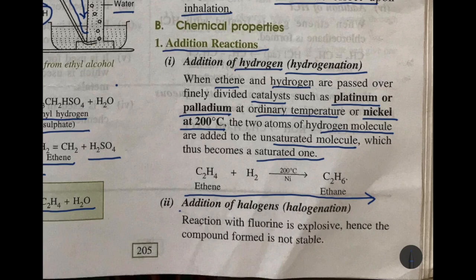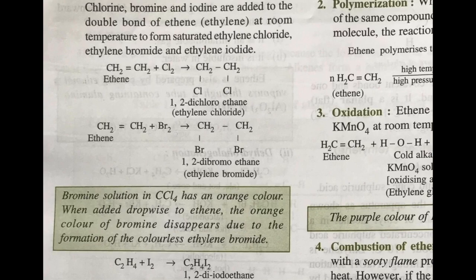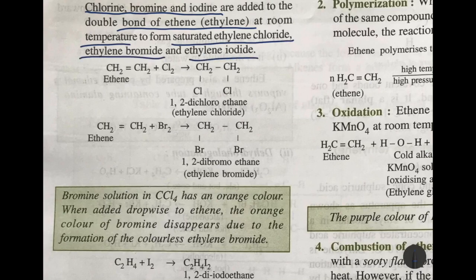Next is addition of halogens, which is known as halogenation. When it reacts with fluorine, it is very explosive, so the compound which is formed is not stable. When chlorine, bromine and iodine are added to the double bond of ethene at room temperature, it forms saturated ethylene chloride, ethylene bromide and ethylene iodide.